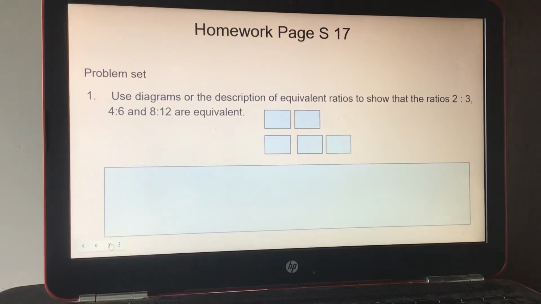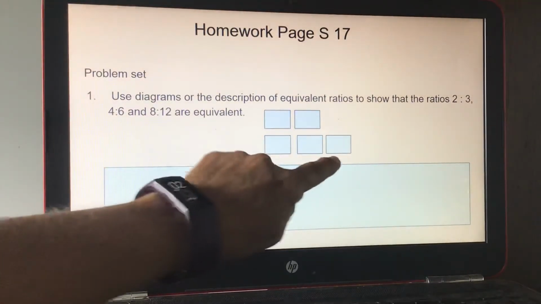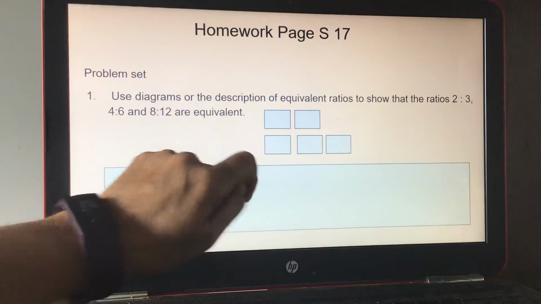Okay. Homework, page 17, problem set. Use diagrams or the description of equivalent ratios to show that the ratios 2 to 3, 4 to 6, and 8 to 12 are equivalent. Okay. So I made a tape diagram, so 2 to 3, okay?